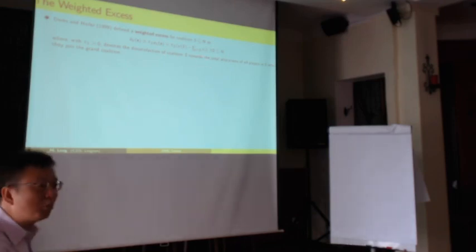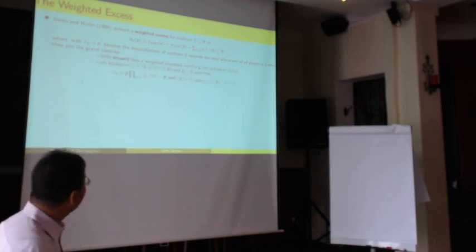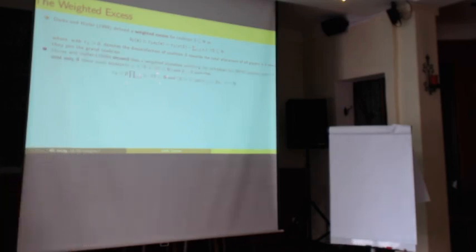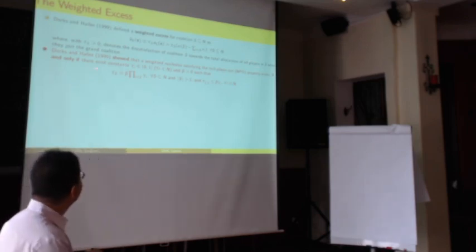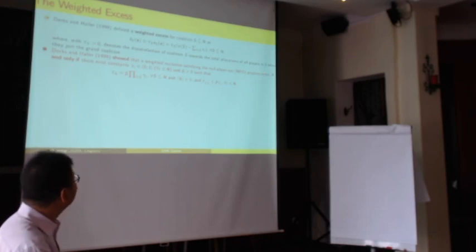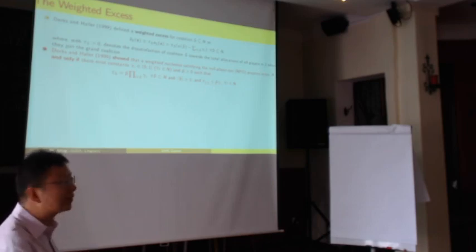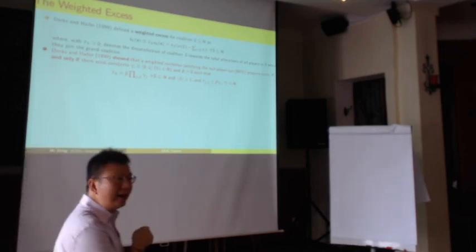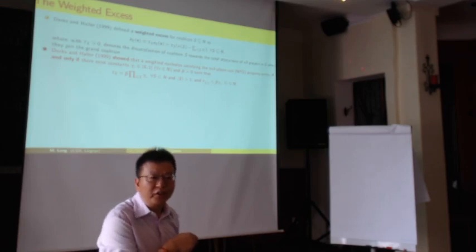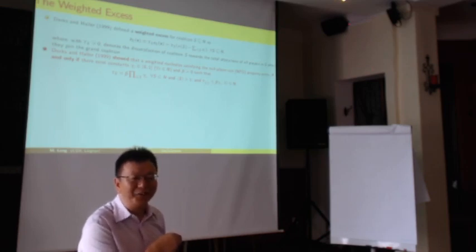So this is more general. And also, they proved a weighted nucleus satisfying non-clear out MPO property exists if and only if this condition is satisfied. But they already defined this weighted nucleus, but they didn't find the nucleus. They just made a definition here.